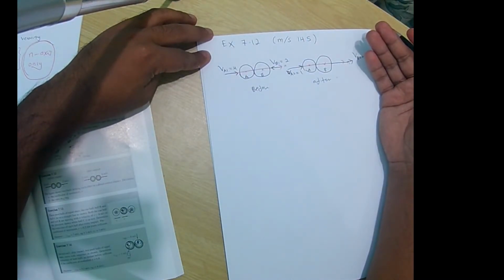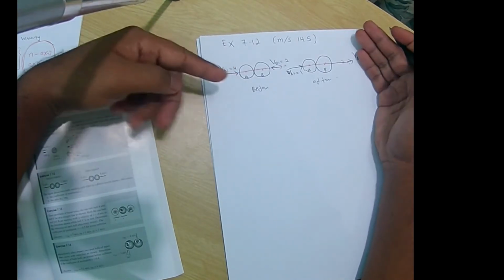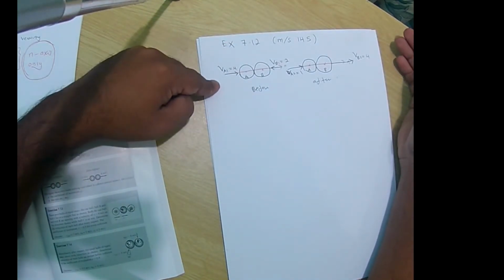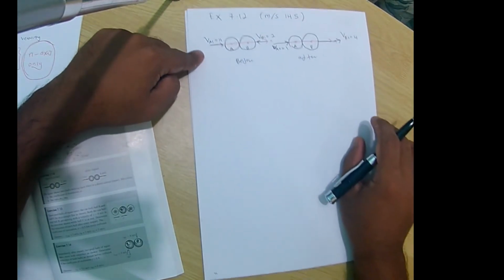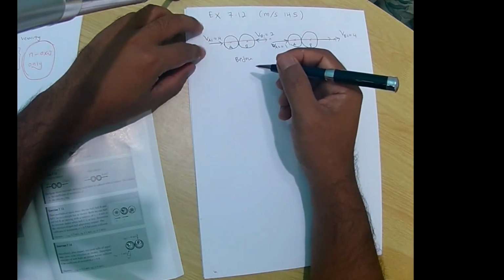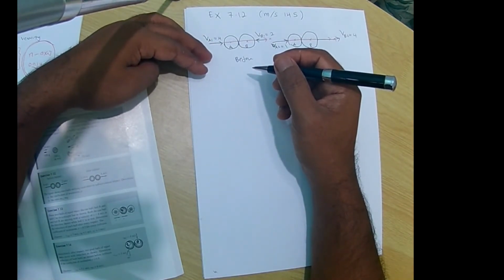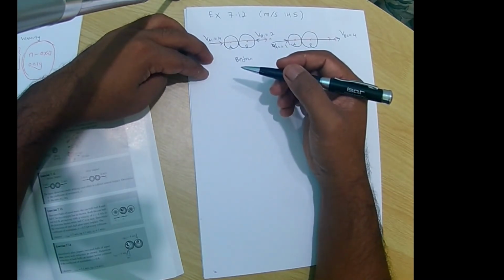The fourth step is to assume unknown direction of the velocity. We know all the velocity, so we don't have to do that. So we can go directly to use the equations: the first one is conservation of momentum, and the second one is coefficient of restitution.